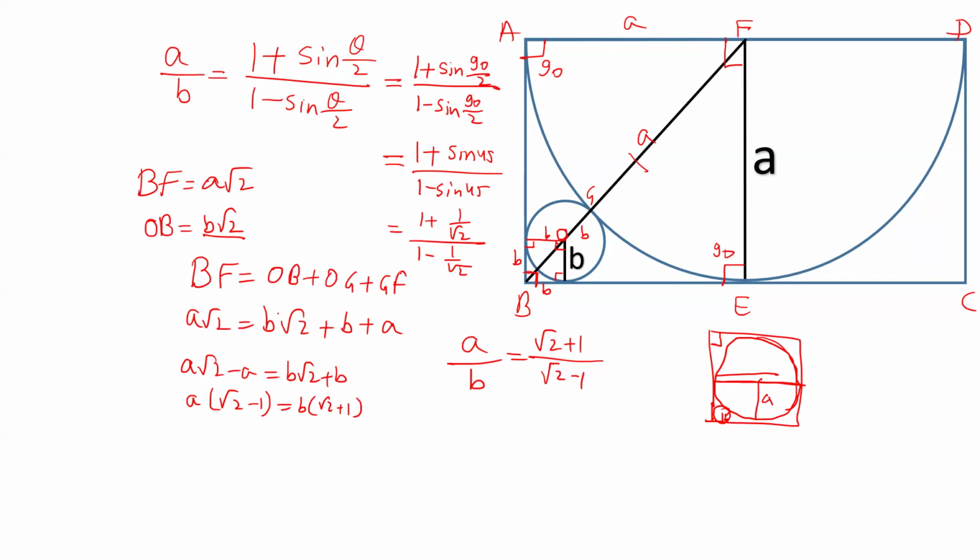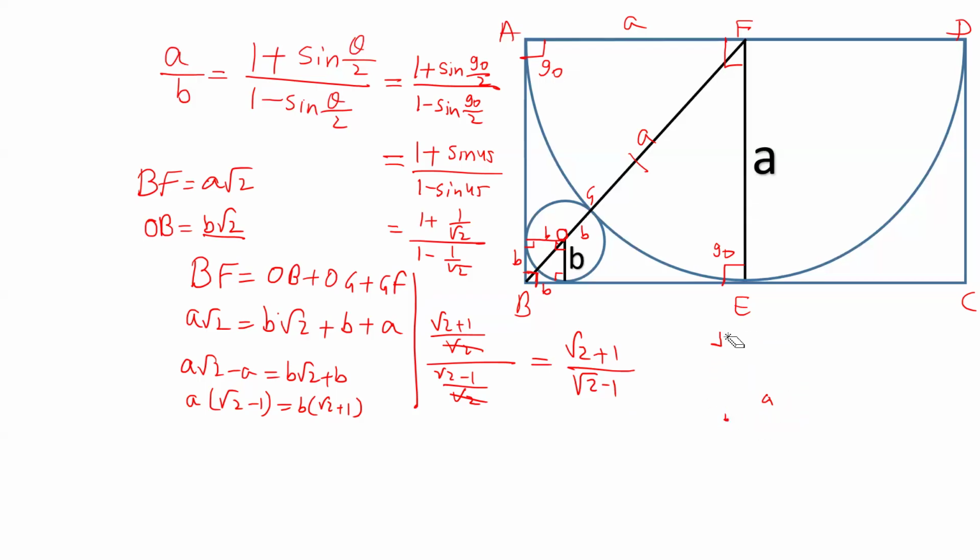And taking the LCM of these two, we'll get root 2 plus 1 upon root 2, root 2 minus 1 upon root 2, and root 2 cancel. So A by B is root 2 plus 1 upon root 2 minus 1.